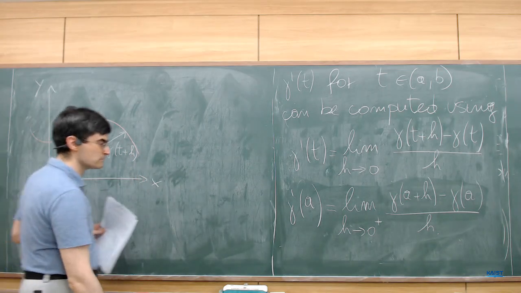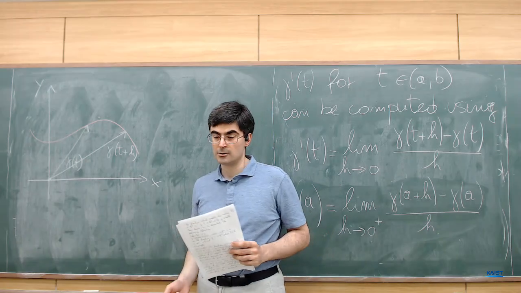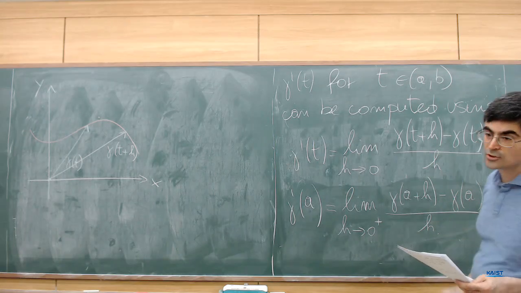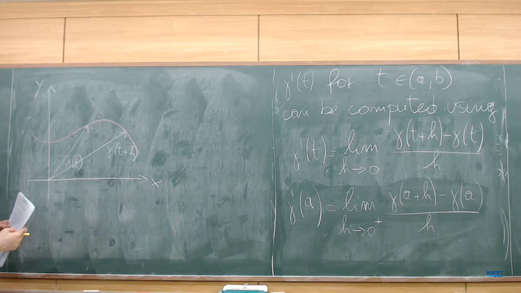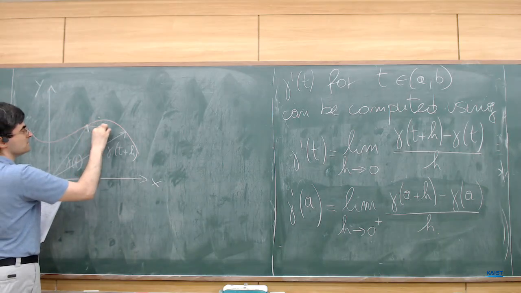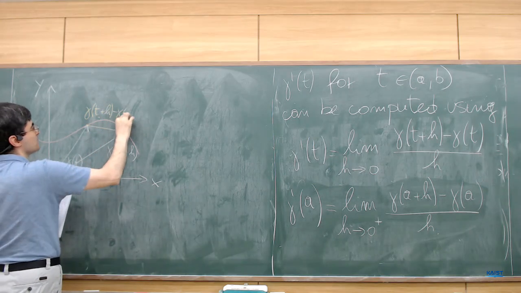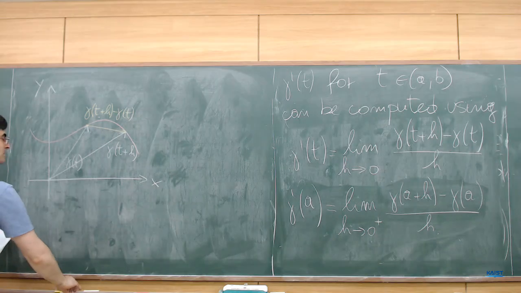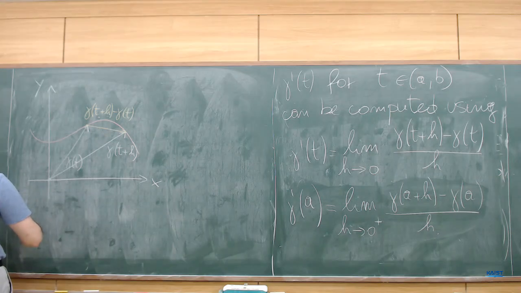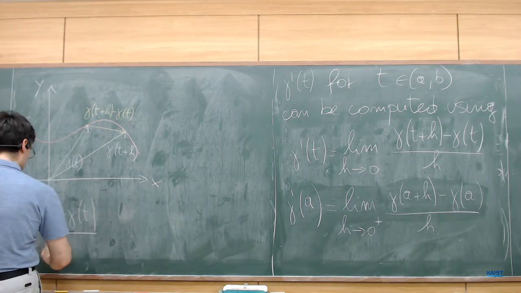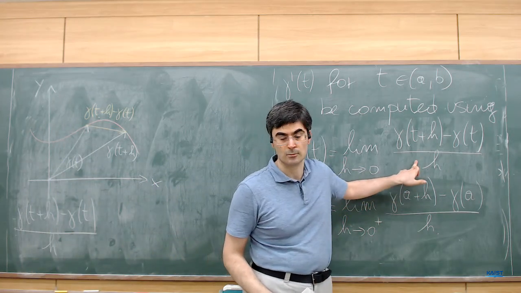Then how does the vector gamma of t plus h minus gamma of t look if we draw its tail at the tip of gamma of t? Very easy, the answer is this. This is the vector gamma of t plus h minus gamma of t. So what happens if we divide gamma of t plus h minus gamma of t over h, as suggested by this formula?